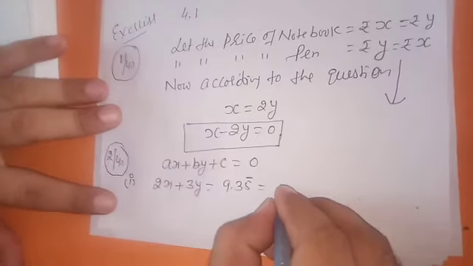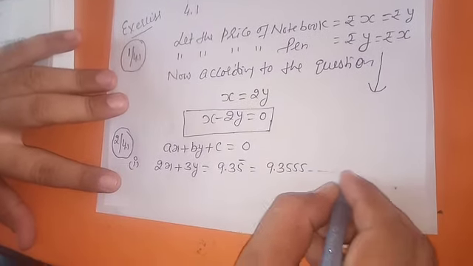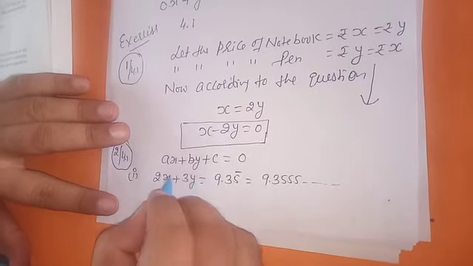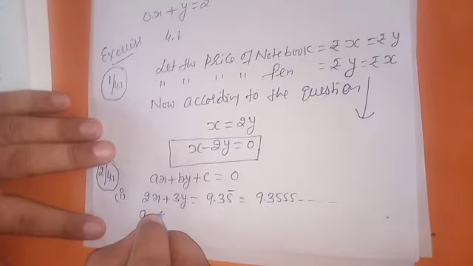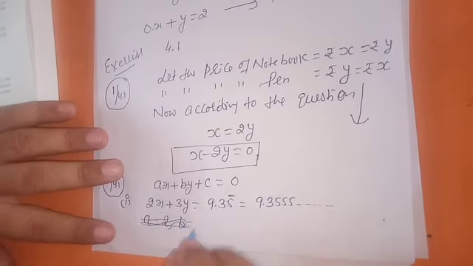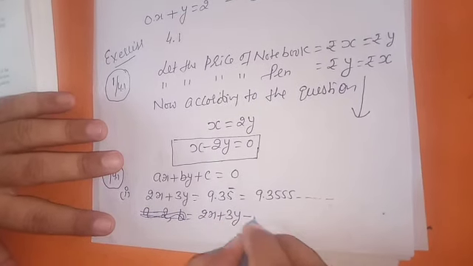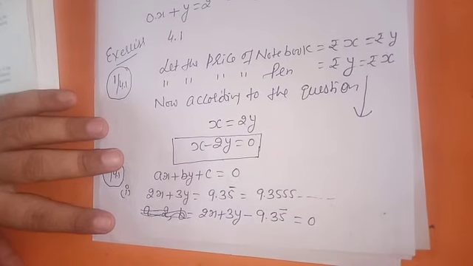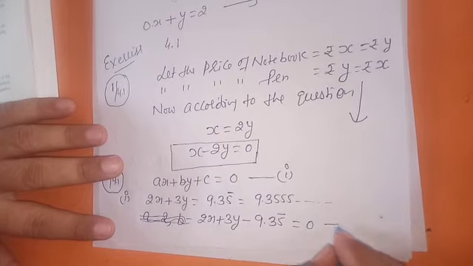As you know, this is equal to 9.3555, continuing up to infinity. So we can write this as 2x plus 3y minus 9.35 bar is equal to 0. Look, this is your first, this is your second.